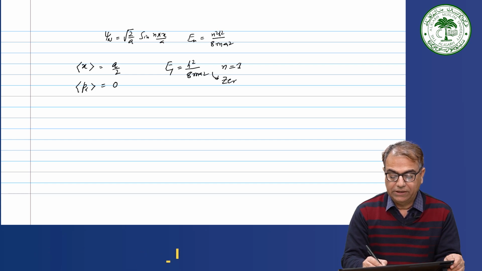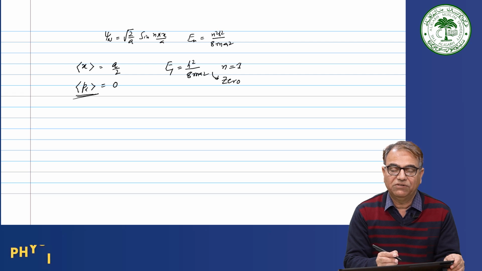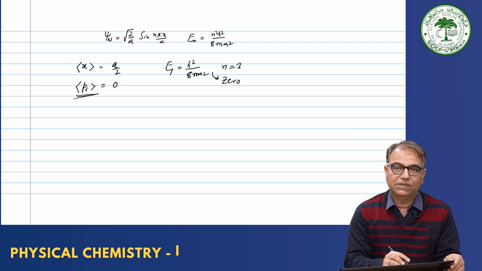So the lowest energy available is called zero point energy. If the molecule has energy, the particle is not at rest, but even then the average momentum comes out to be 0. The momentum within the angular bracket is the average value, or expectation value, not just one specific value. Out of several measurements, some momentum will be positive and another will be in the opposite direction.